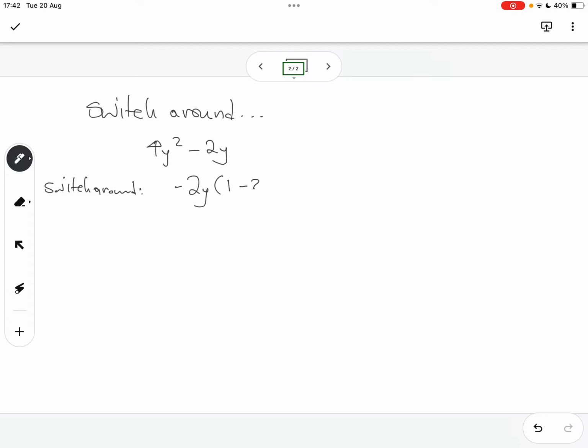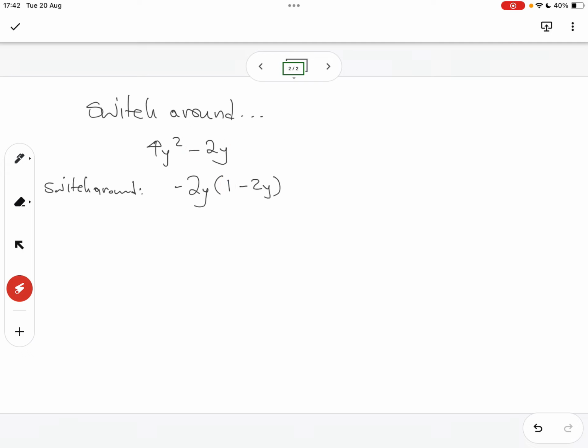So if we do a switch around here, we can take out 2y, or let's take out negative 2y, ne? Then this would be 1 minus 2y. Do you see what happened? Switch around. We just did a switch around.